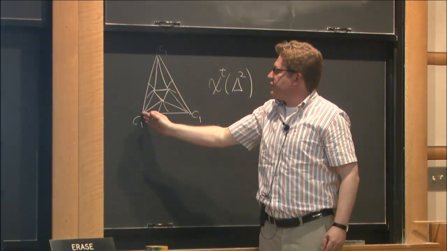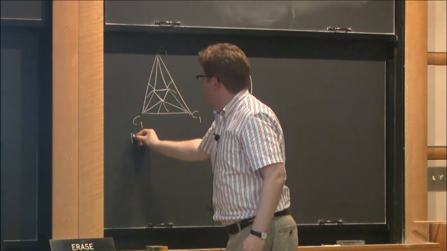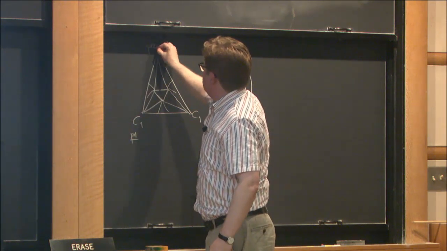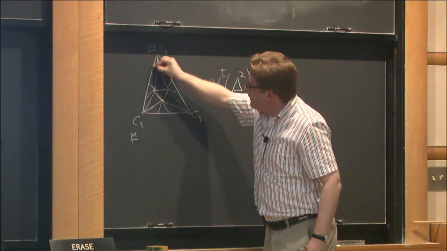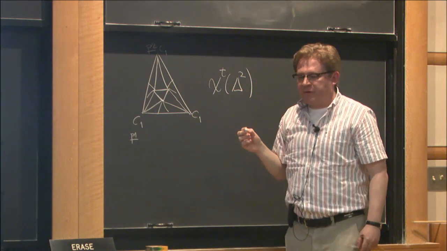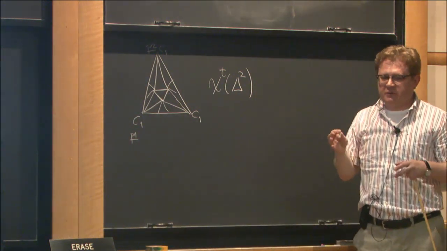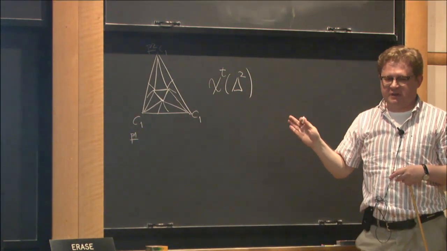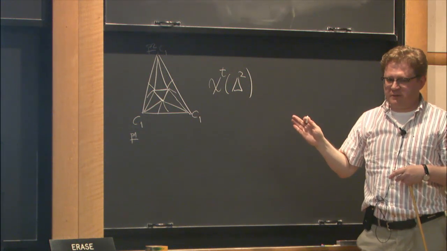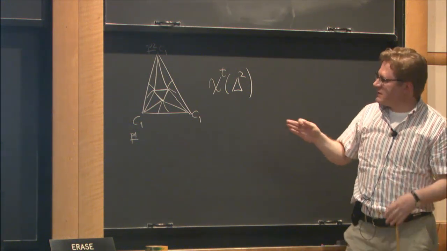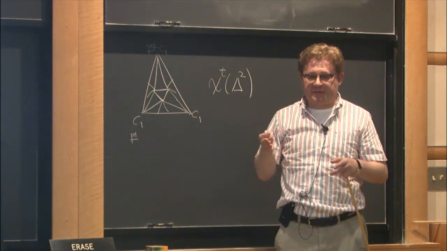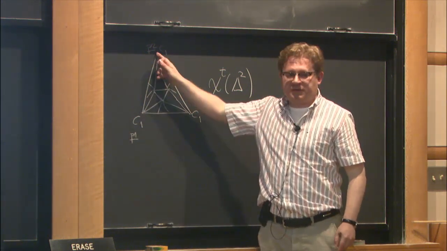For example, this edge: this is process 1, this is process 2. This edge corresponds to executions where process 1 and process 2 execute. They possibly see each other, but they never see the third guy. So what happens in this sub-universe? It just means we have 2 guys, and they have IDs. This ID is smaller than this one.